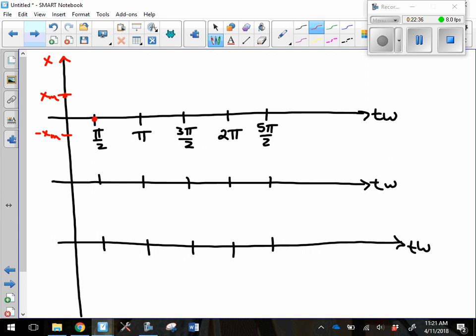If I let omega t be pi, where's my object going to be? Negative xm. If I let omega t be 3 pi over 2, where am I going to be? Back at 0. If I let omega t be 2 pi, where am I going to be? xm. Okay, and I'll be back at 0 here. So I get a sine cosine function.